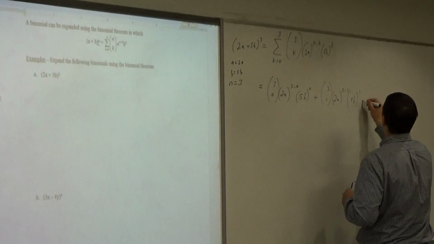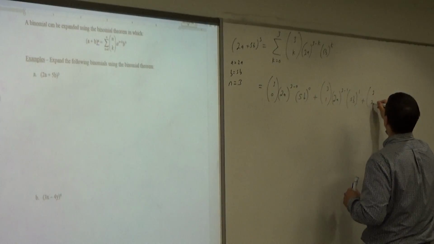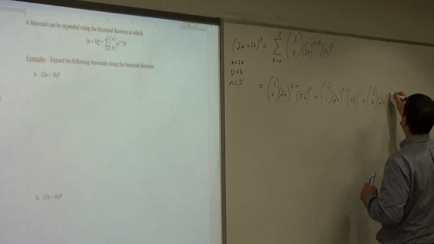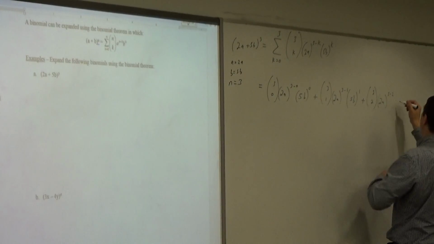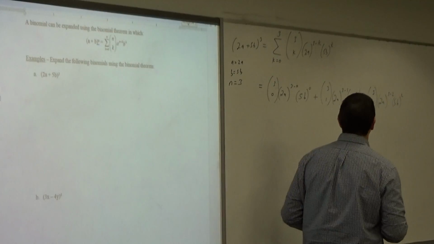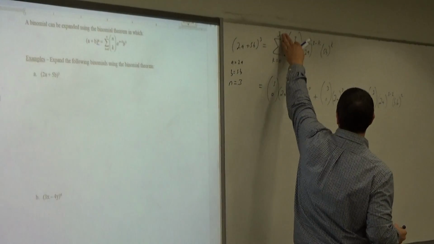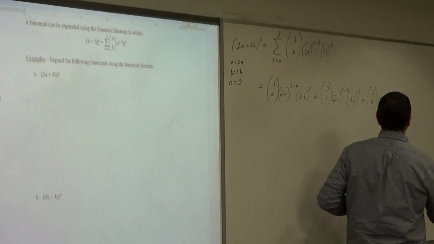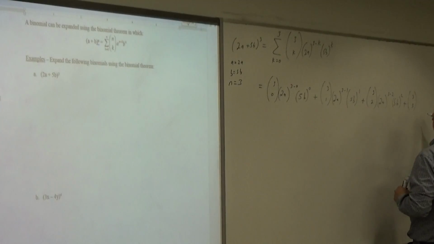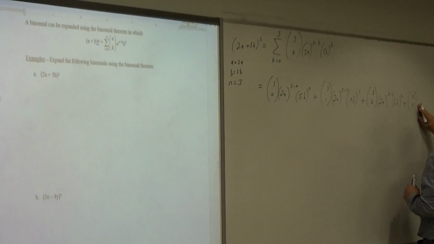So this is going to become 3 combination 2, 2a to the 3 minus 2, 5b squared. And then finally, we get to the third term, which is our upper bound of our series. So that's going to be 3 combination 3, 2a to the 3 minus 3, and then 5b cubed.